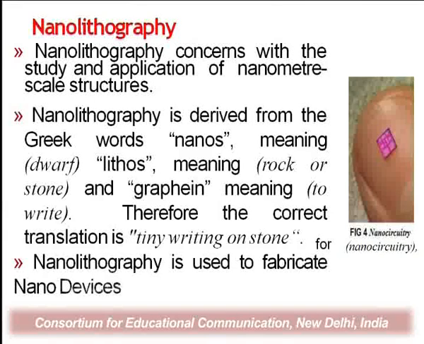Next is nanolithography, which is used to develop nano devices. By using nanolithography, we fabricate nano devices. Basically, nanolithography is concerned with the study and application of nanometer scale structures that are most commonly used in our electronic gadgets.